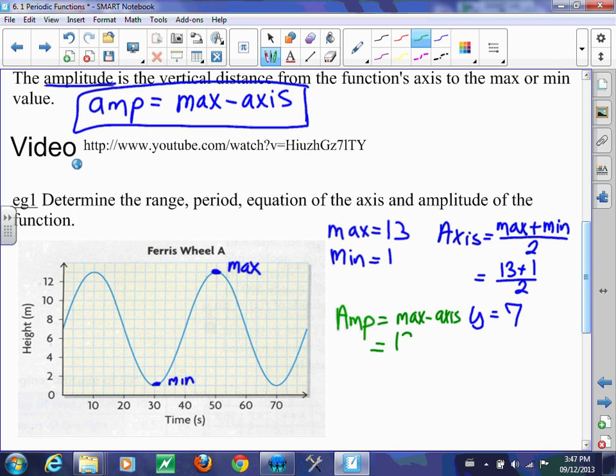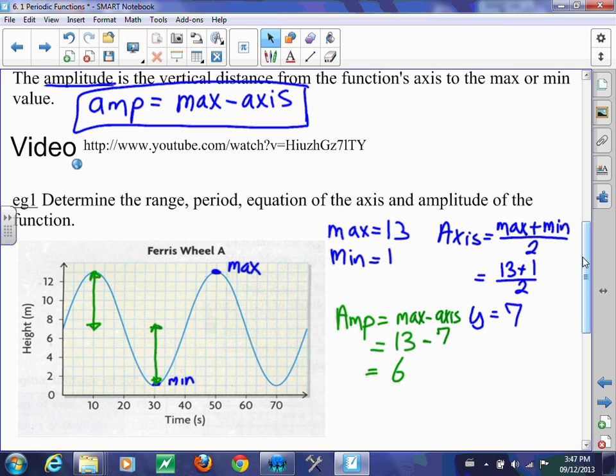It's going to be 13 subtract 7, which means 6. So what does that mean? That means from here, if I go down 6, 1, 2, 3, 4, 5, 6. Likewise, if I go down here, the amplitude is the same. And if you're trying to find where my axis was as you're down there, that's the 7 that we just calculated.